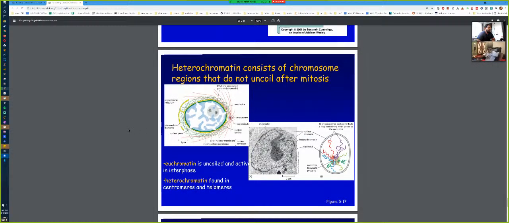Heterochromatin: regions that do not uncoil after mitosis. This is useful to write down, the difference between euchromatin and heterochromatin. I would add that heterochromatin is essentially tightly wound, which means that it is not expressed.